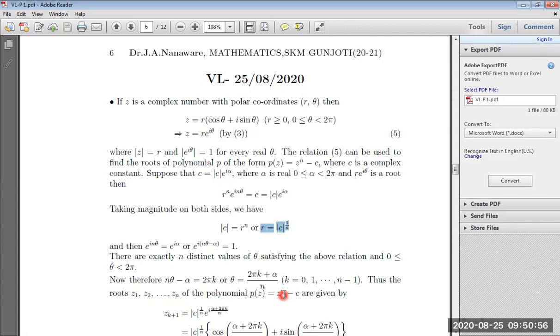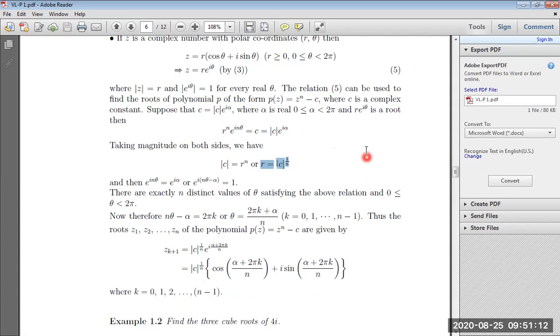And how are they given? Just come back here. We are taking the root as z is equal to r into e to the power i theta, and from this expression we can determine the n roots. For that, we just use the value of r and theta here.